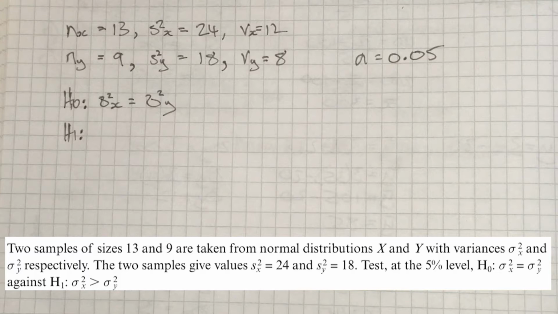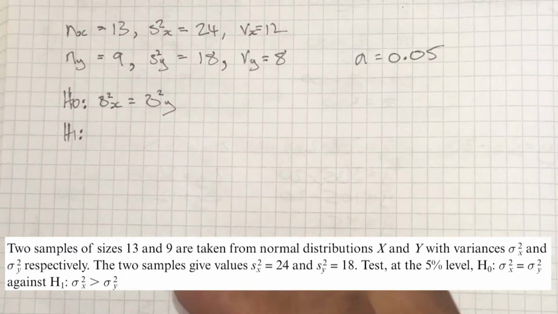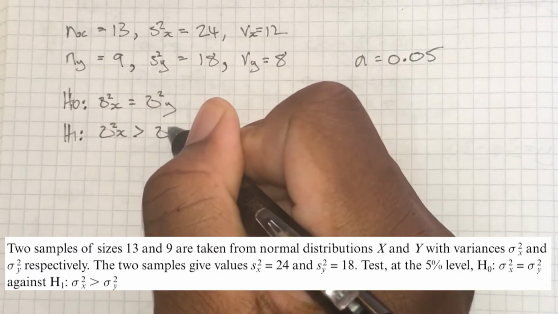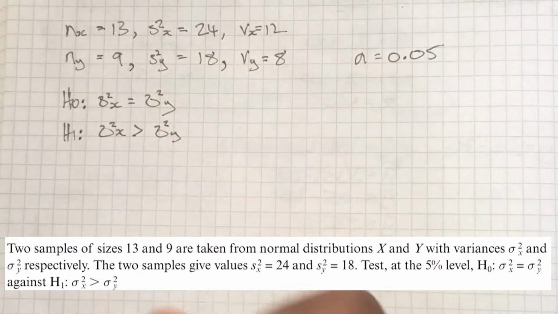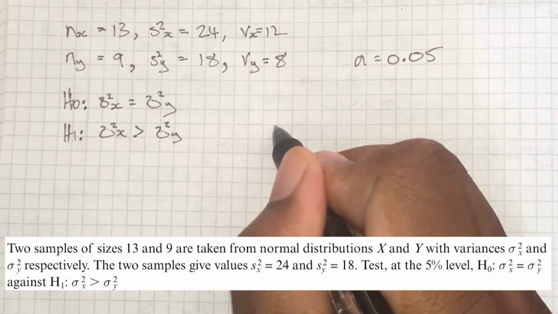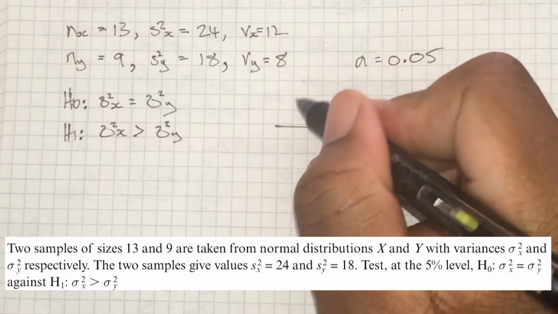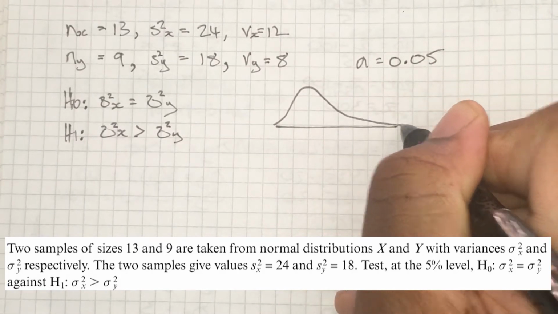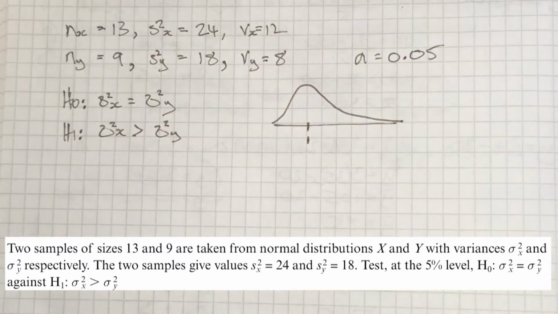Whether it's given to you or not, this is always the null hypothesis, and the context is going to indicate what the alternate hypothesis should be. The alternate hypothesis is that the variance in distribution x is actually larger than the variance in distribution y. All of this is pulled from the context of the question, and we should be ready to start processing our hypothesis test from there.